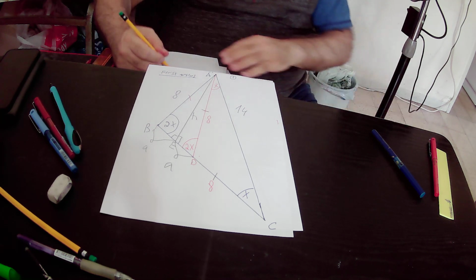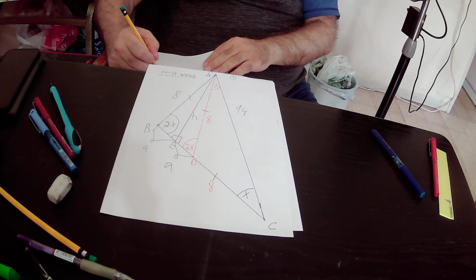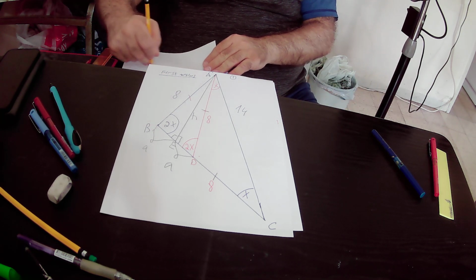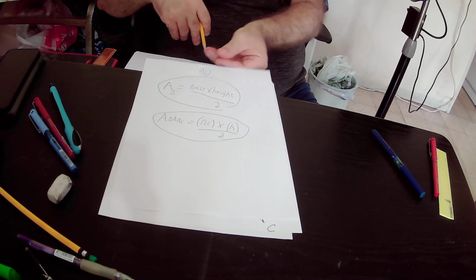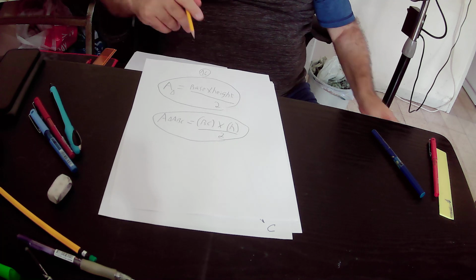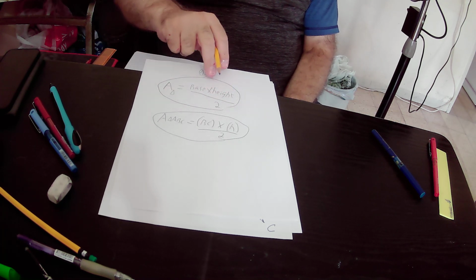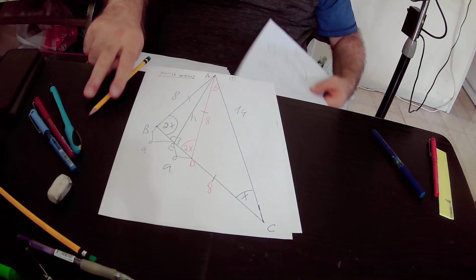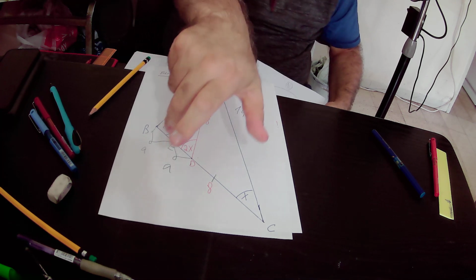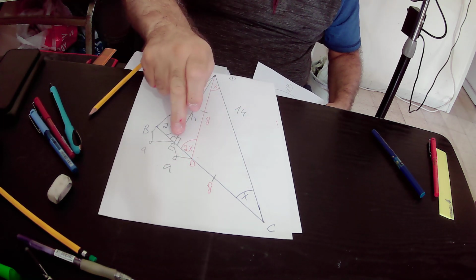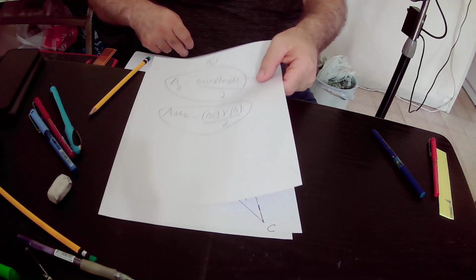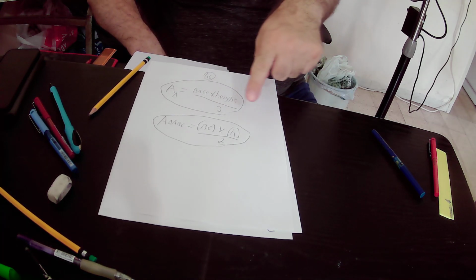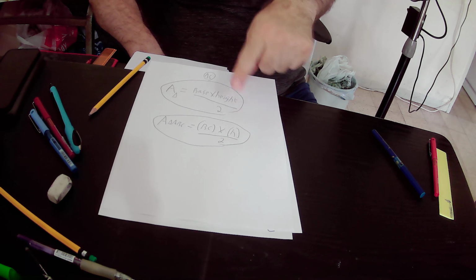Okay, so the area of triangle ABC equals the base BC times the height to the base. The height is H, because H creates 90 degrees with the base BC. This angle is 90 degrees. Therefore, the area of triangle ABC is the base BC times H over 2.